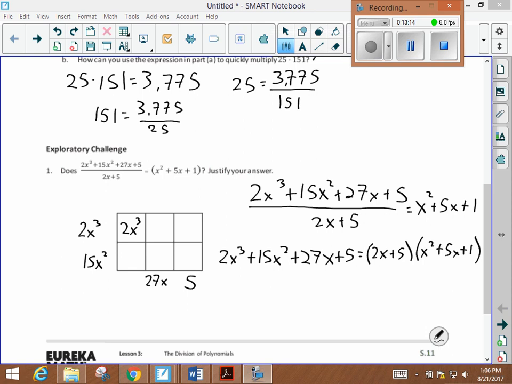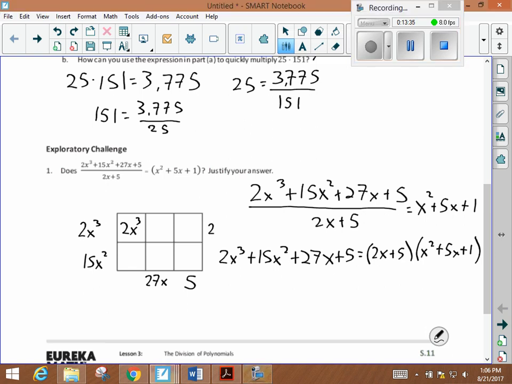If we look at the very beginning, the problem that Eureka is asking us for, what would we fill in? We want to show if x squared plus 5x plus 1 is actually the quotient that they're asking for. So let's go ahead and put our 2x here and our 5.